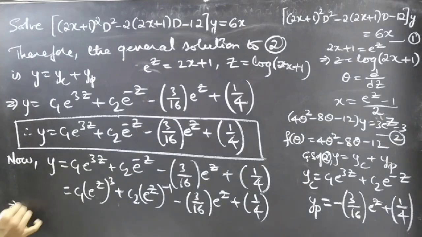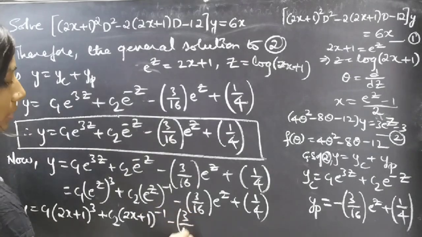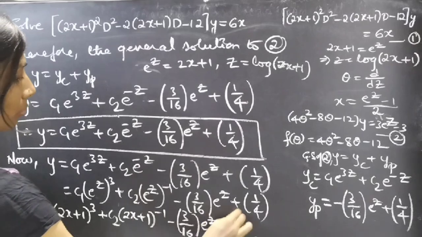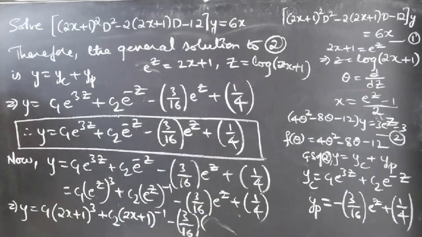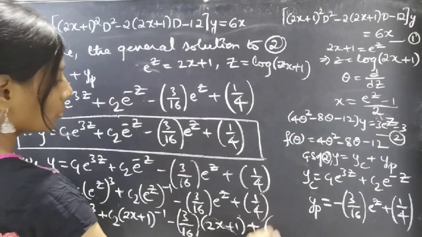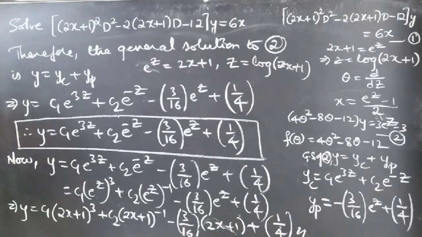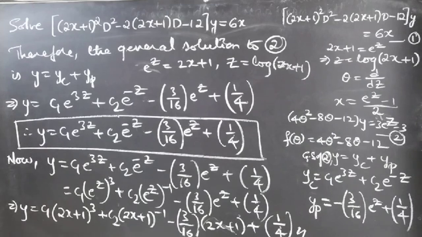We'll get y equal to c1 into 2x plus 1 whole cube plus c2 into 2x plus 1 power minus 1, minus 3 by 16 into, sorry, we have to replace e power z, right? So here you will get minus 3 by 16 into 2x plus 1 plus 1 by 4, which is the required general solution to the given problem, that is equation 1.